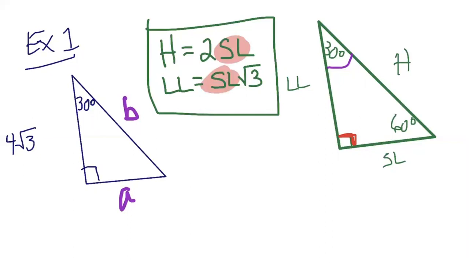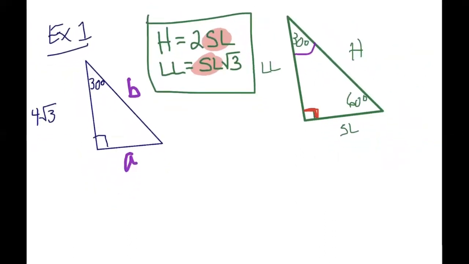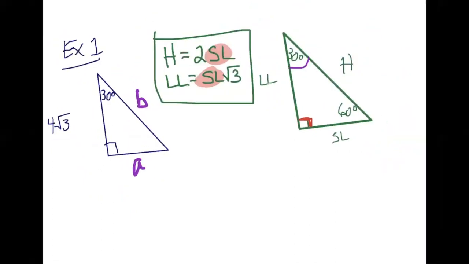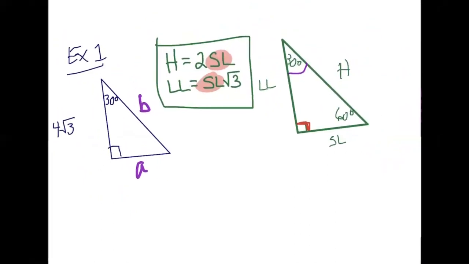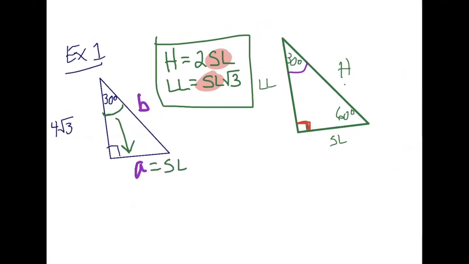So that short leg is pretty important. So what we want to do is figure out, do we have the short leg? Because that would make our life really easy. But no, because you can see here's my 30-degree angle and the opposite side is my short leg. Okay, so we have to do a tiny bit of work.